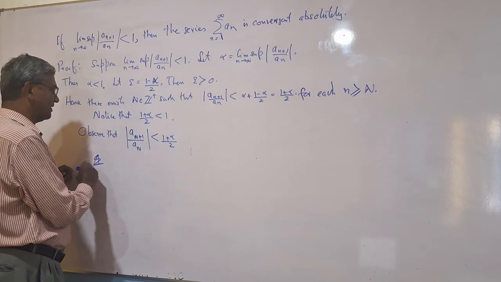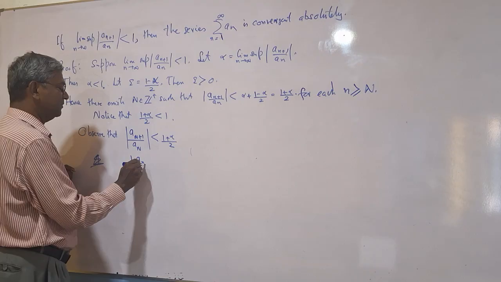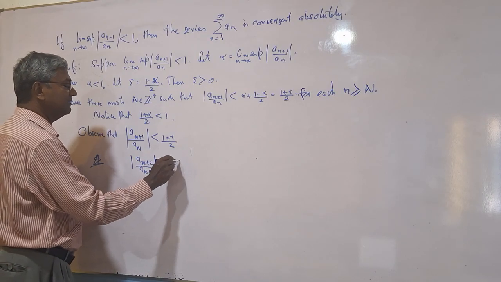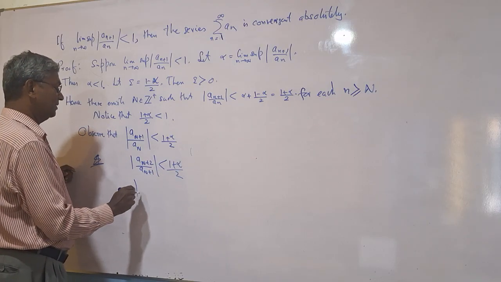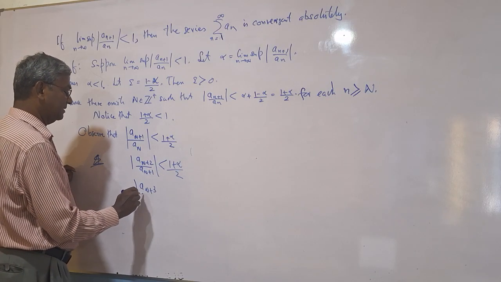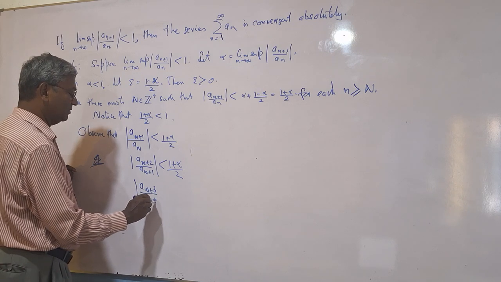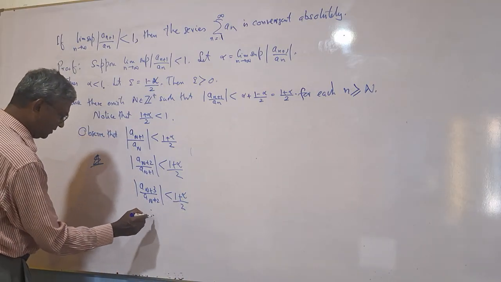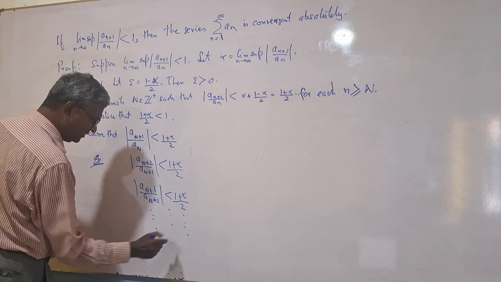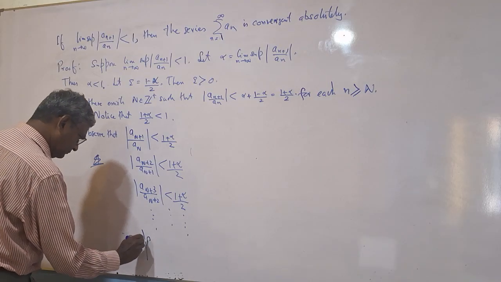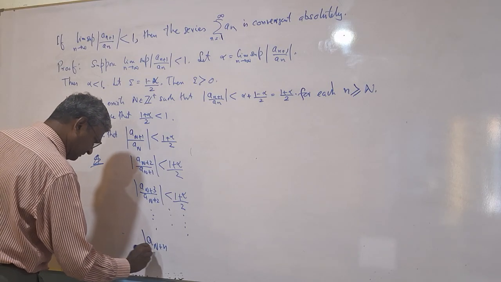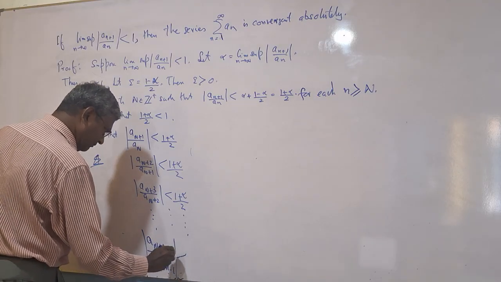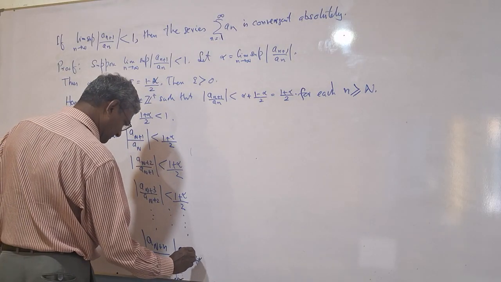Also, without writing so many things, a_{N+2}/a_{N+1} is again less than (1 plus alpha)/2, a_{N+3}/a_{N+2} is strictly less than (1 plus alpha)/2, and so on, up to a_{N+n}/a_{N+n-1} strictly less than (1 plus alpha)/2.